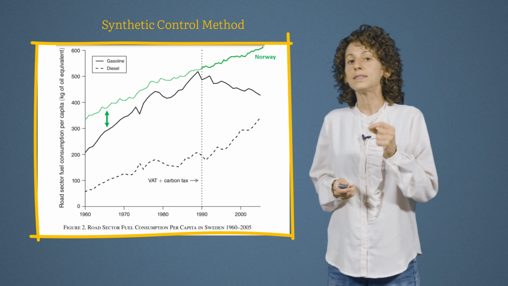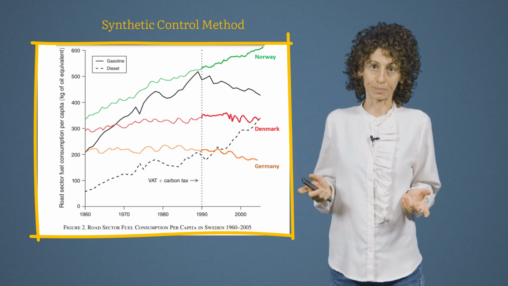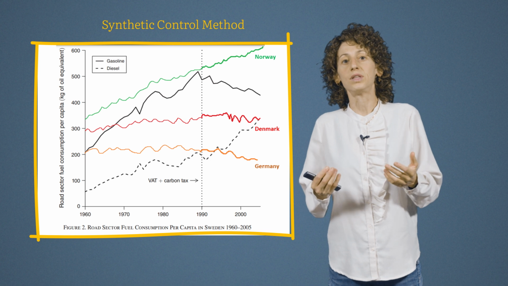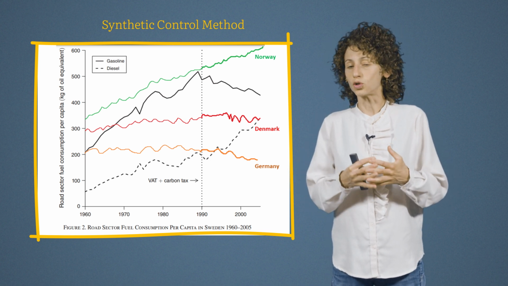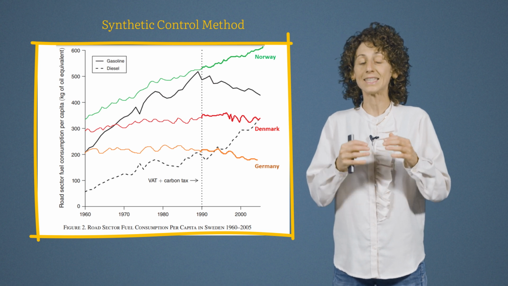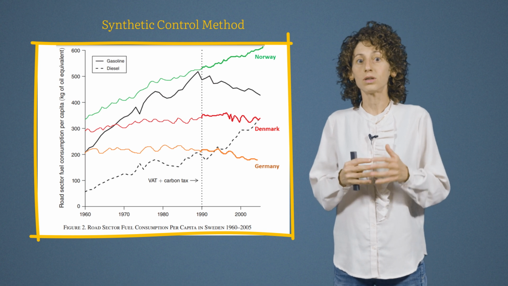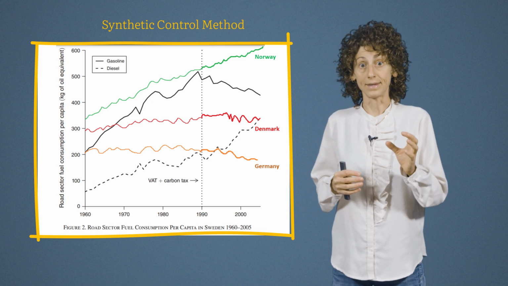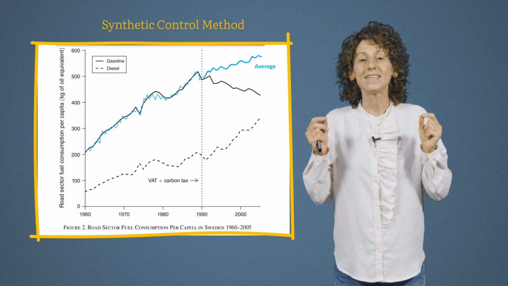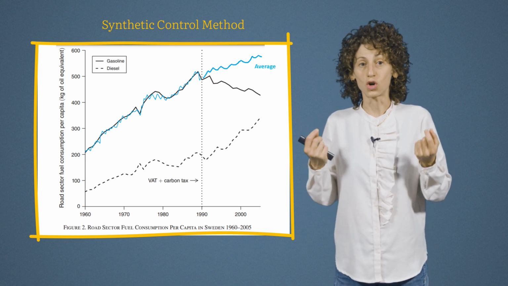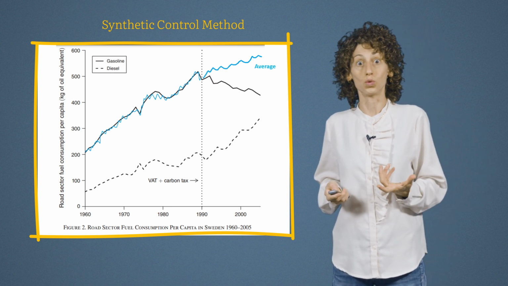Synthetic control instead looks at all possible countries for which we have the data. For example, we might have data from Norway, Denmark, Germany. The key with all those control countries is that they did not introduce the carbon tax. Now, the method calculates a weighted average of these countries, creating a synthetic Sweden that closely matches Sweden's trend before the tax was introduced.